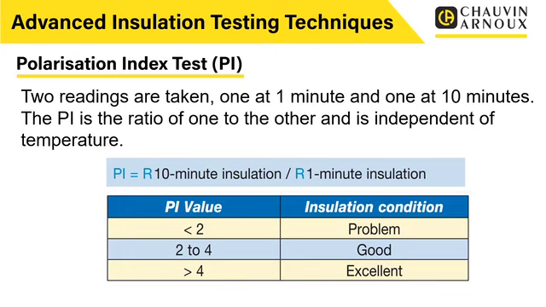You can just select to do a DAR test or a PI test, and it will automatically carry those tests out and do the calculation for you. You don't have to sit there with a stopwatch, although you can if you want with a basic tester. As long as you understand what the numbers mean and how to do it, it's very easy to perform.